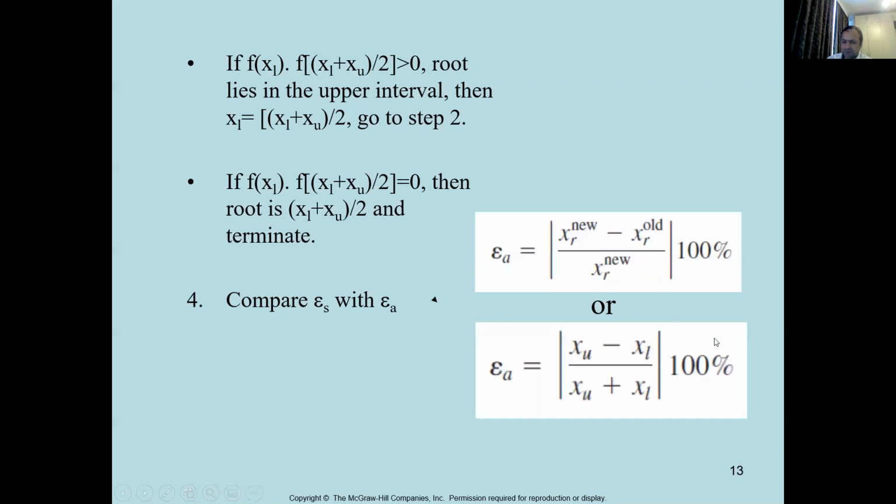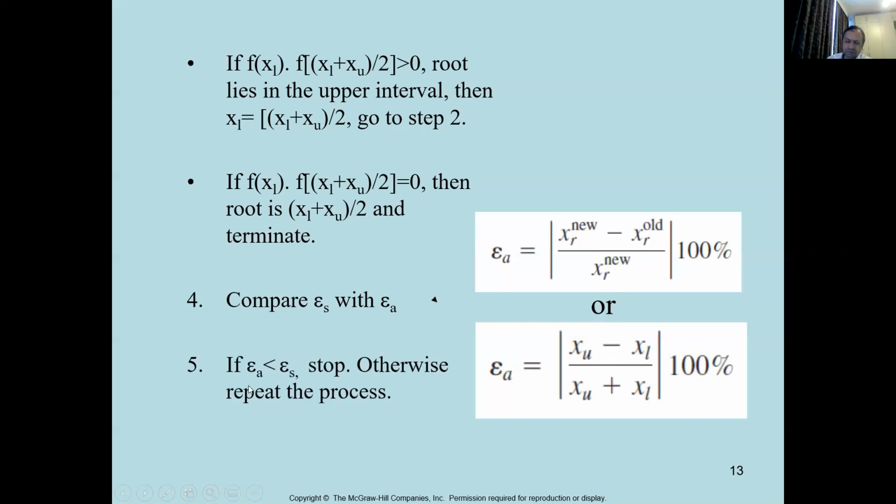I wanted to stress this point because you may find that in solutions we sometimes use this formula or this formula for the percentage approximate error. Both formulas in fact give the same result; they are equivalent to each other, but you should be aware of that.